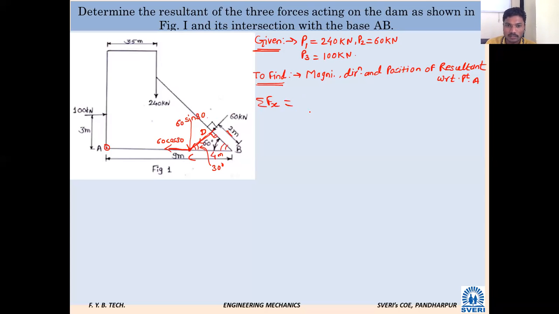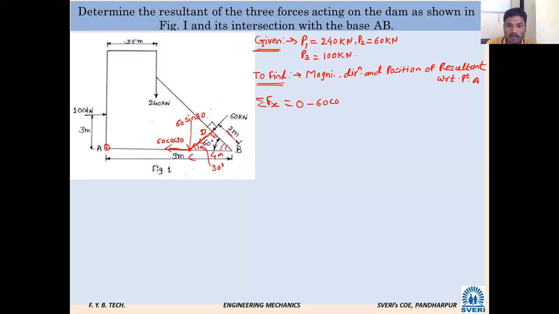Let us solve together. What is summation Fx? Force number 1, 240, is vertically downward. What will be its x component? 0. Next force, 60 kilonewton, which we have resolved now. What will be the x component of 60 sin 30? It will be 0, it is vertical. And 60 cos 30, whether it will be plus or minus?